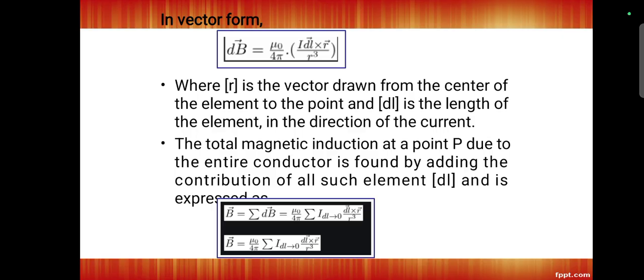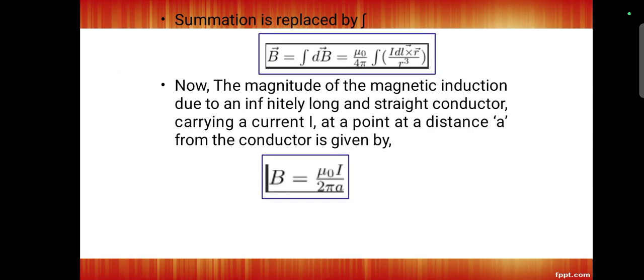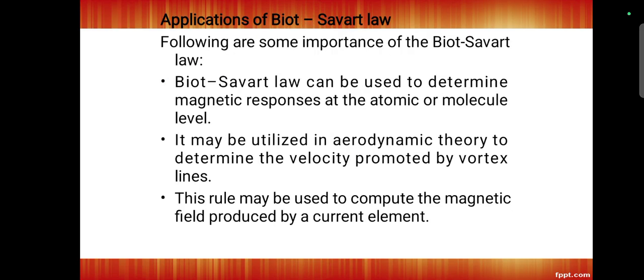Finally, the vector form is given as dB equal to mu naught divided by 4 pi into I dl cross r vector divided by r cube. The summation is replaced by integration, so B equals the integral of dB, that is mu naught divided by 4 pi I dl cross r vector divided by r cube. Finalizing, it will be B equal to mu naught into I divided by 2 pi a.